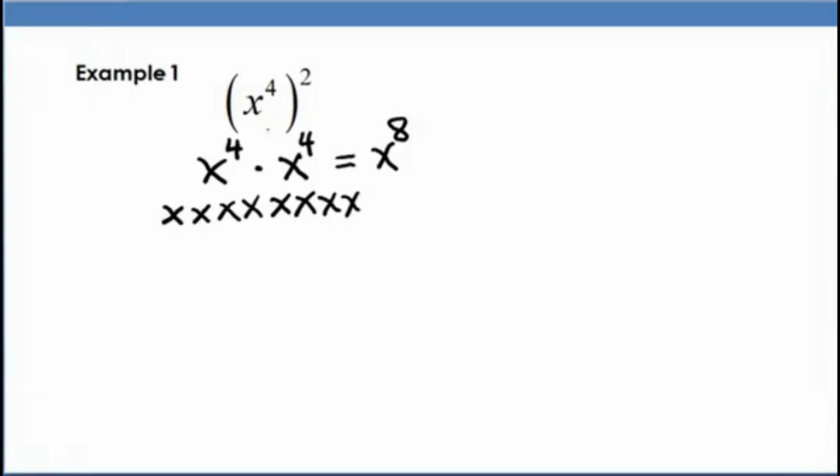So if we're looking just at our original problem and trying to get the rule, with our exponents, when we have one power raised up to another power, they're going to multiply. So our rule here with one power to a power is keep the base and multiply on the exponents.